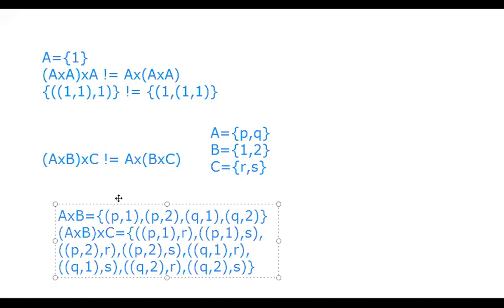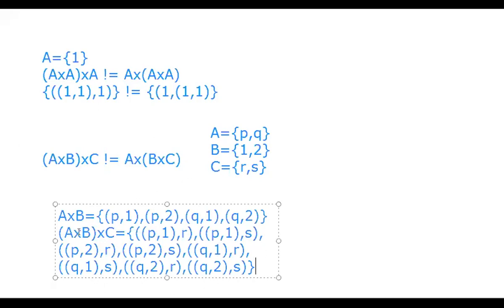All of you can see where my cursor is. I first calculated A cross B. It came as P1, P2, Q1 and Q2.